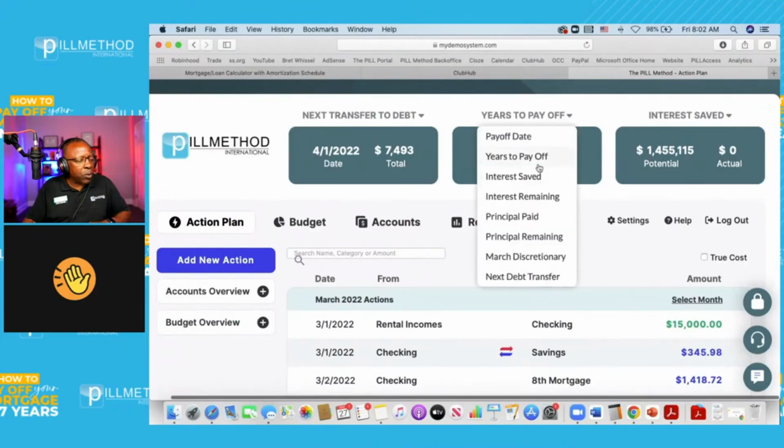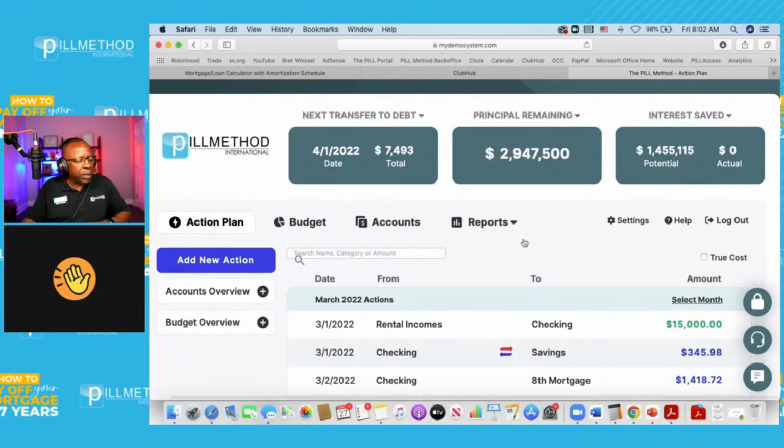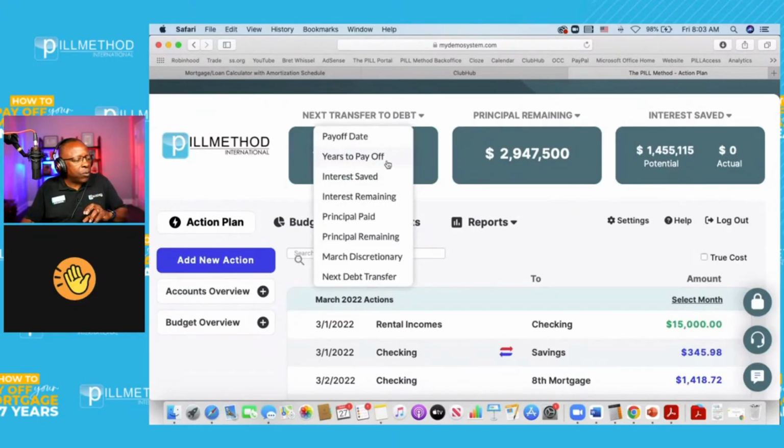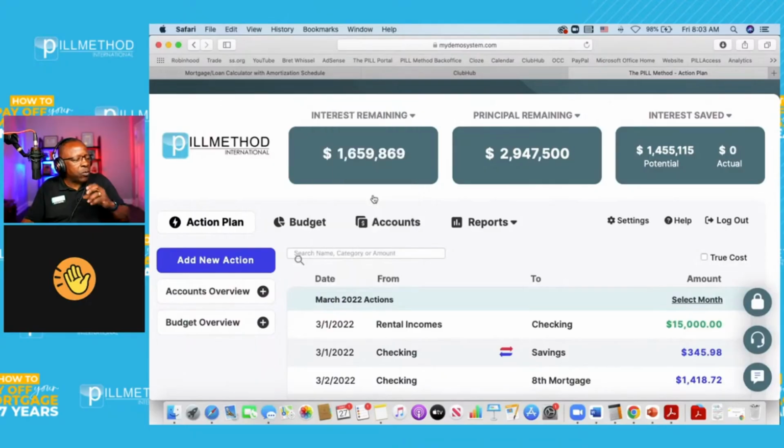We have a total of principal remaining. We have $2,947,500 in properties in here. The amount of interest that we have remaining to pay, okay, principal remaining, interest remaining, the bank wants us to pay $1,659,869 in interest.